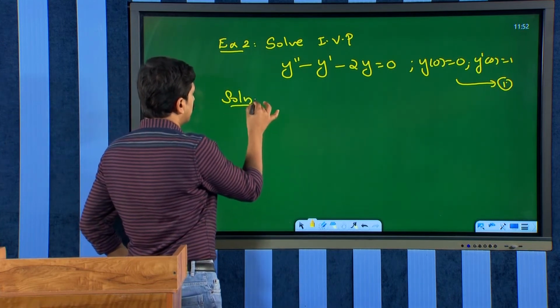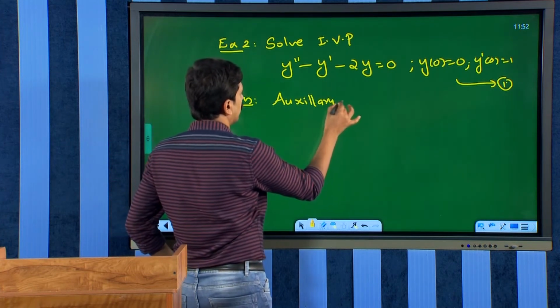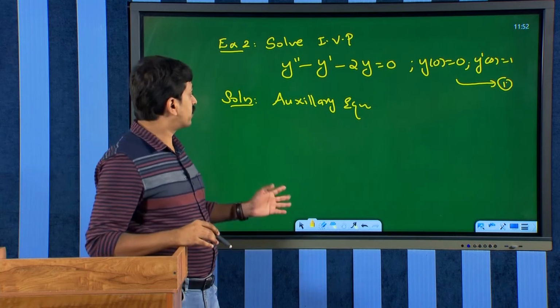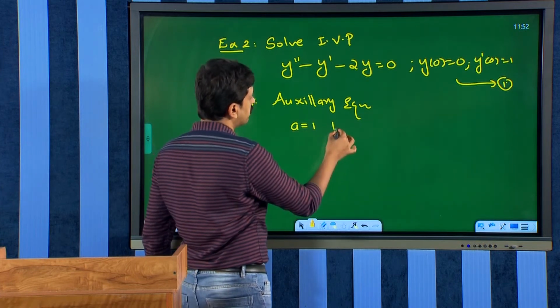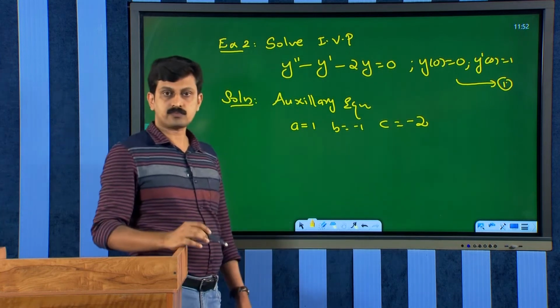To find the solution, firstly we find the auxiliary equation. For this differential equation, a is equal to 1, b is equal to minus 1, c is equal to minus 2.